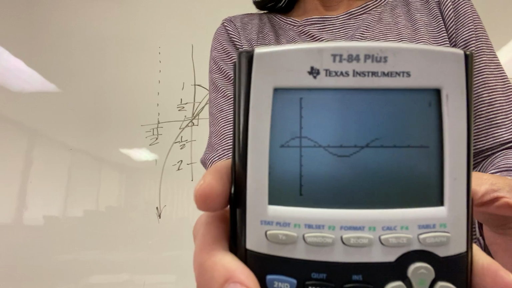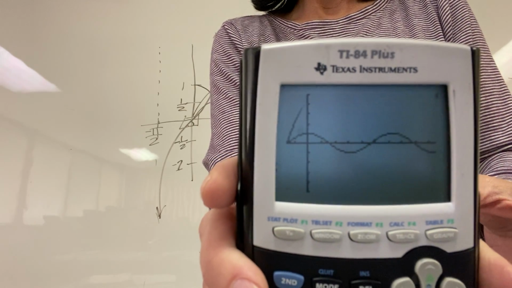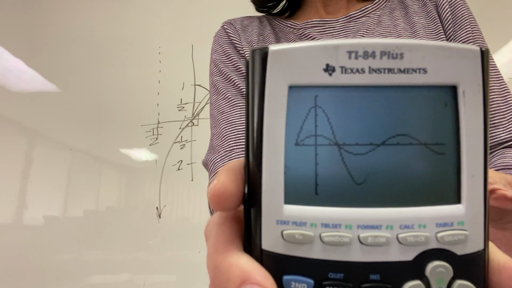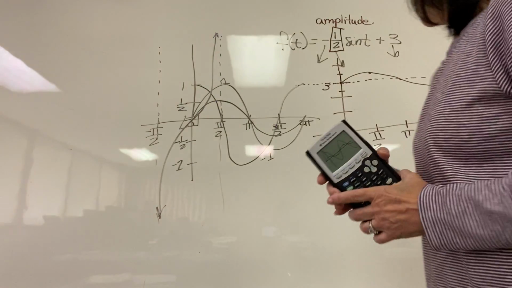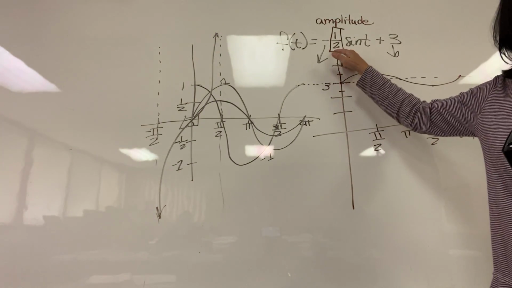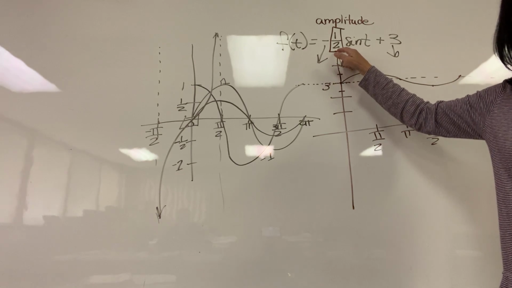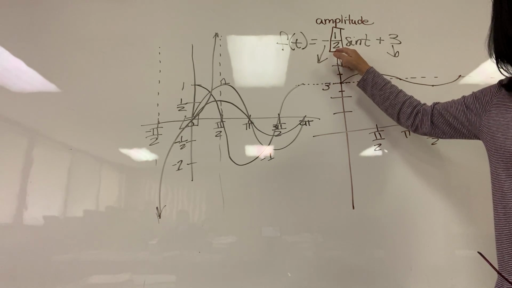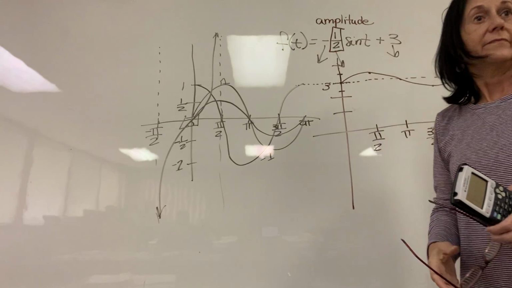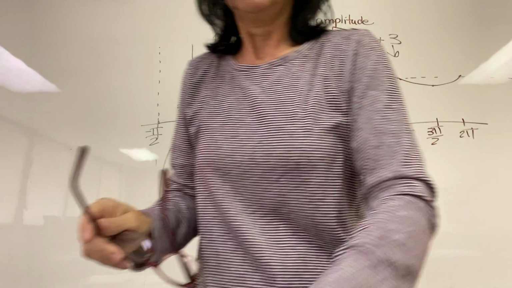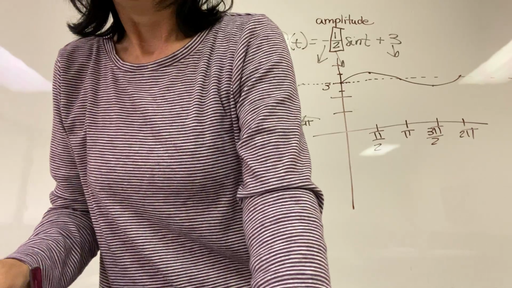Okay, makes much more sense. See how high up it goes? So when we change this value, we change the amplitude, how high up it goes, how low down it goes. All right?